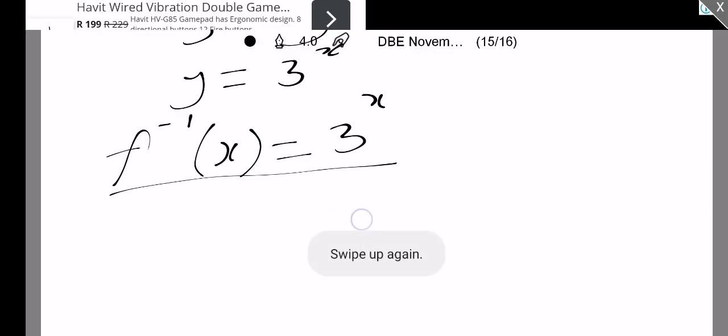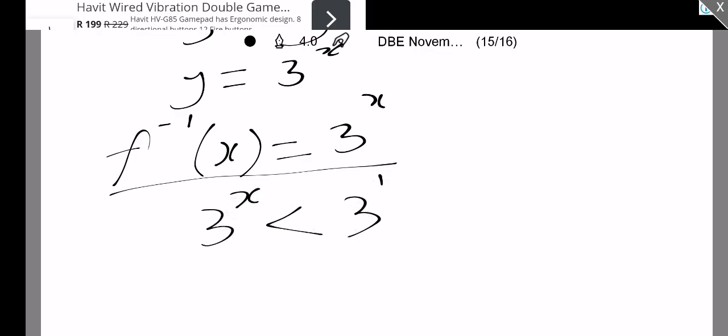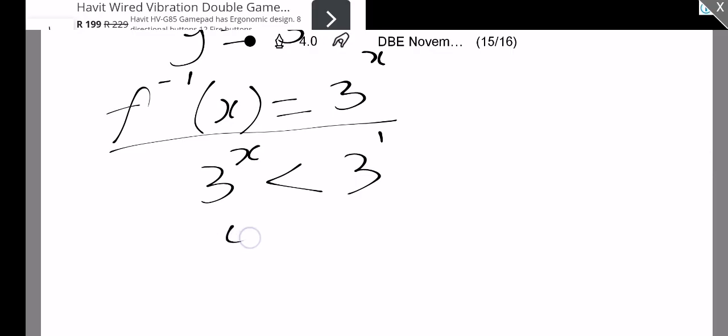The question said, for which values of x will this graph be less than 3? So it means that 3 to the x must be less than 3. Now remember, like I've showed you in the previous page, since the bases are equal, you can just drop them and remain with the exponent. So therefore x is less than 1. I've shown you on the graph. I tried to explain on the graph.